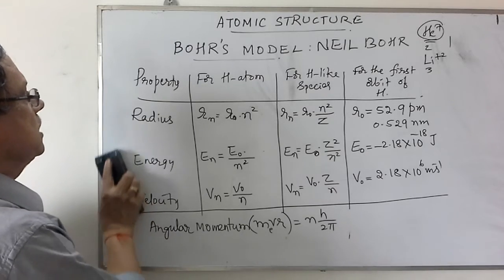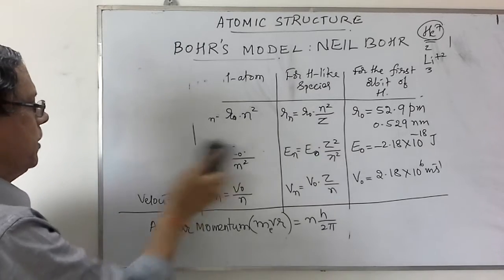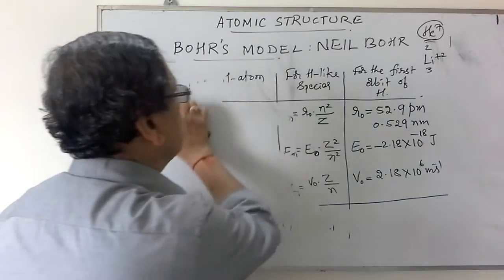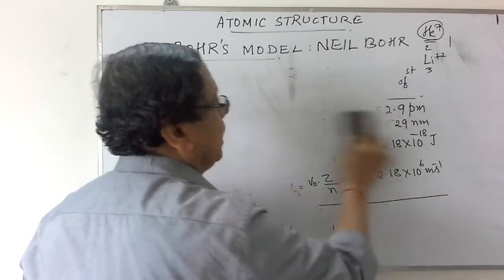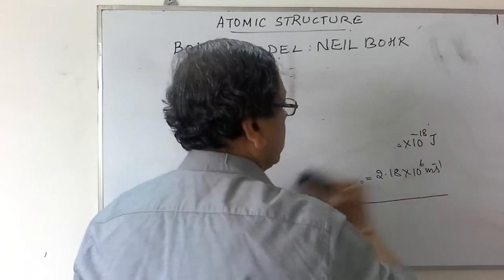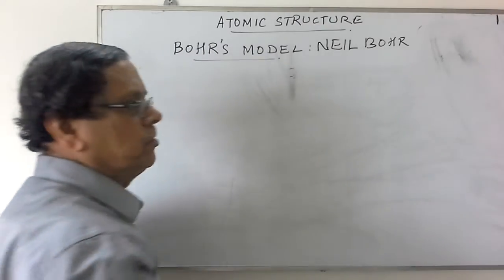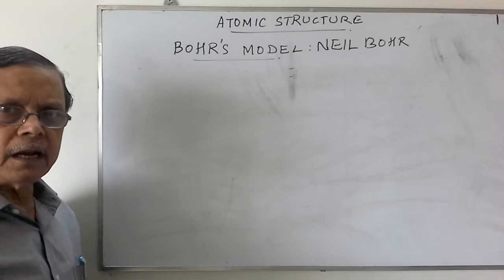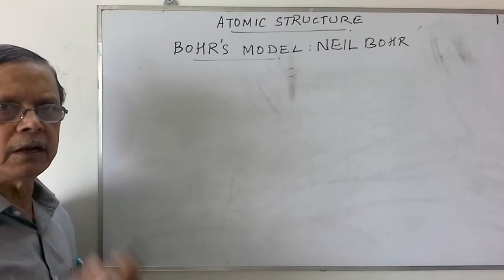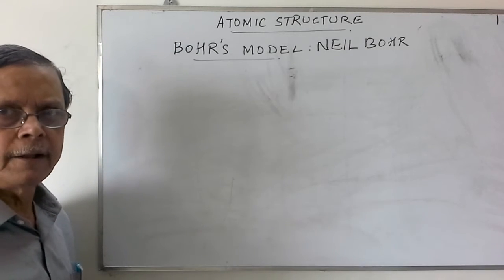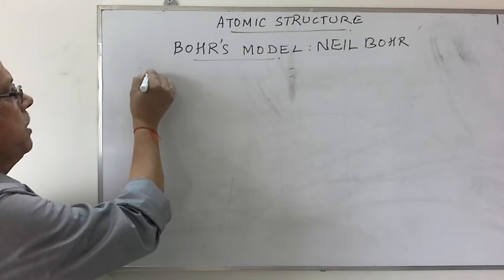Now let us consider the next topic, limitations of the Bohr's model. Even though it satisfactorily explains the hydrogen spectrum, there are certain limitations which we cannot explain by considering the Bohr model.